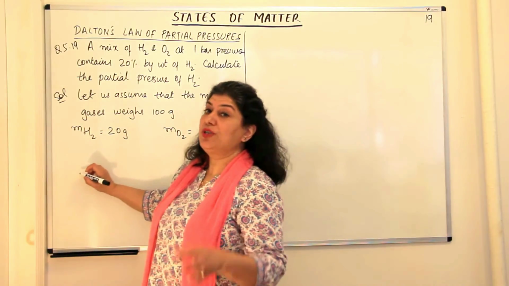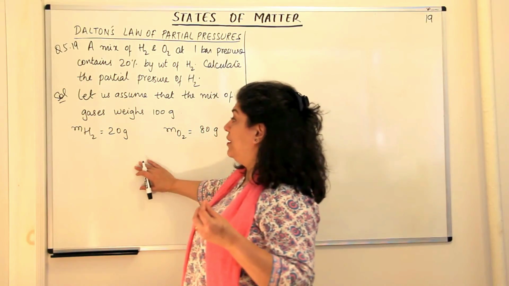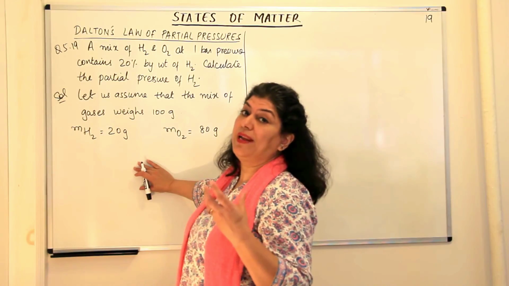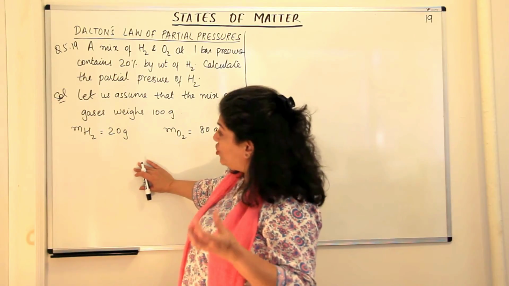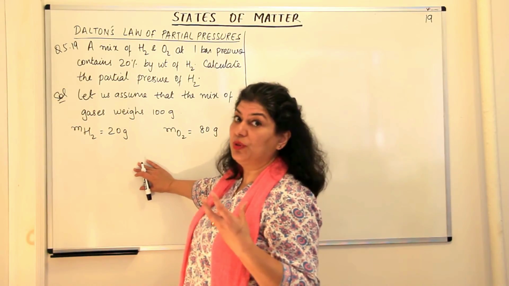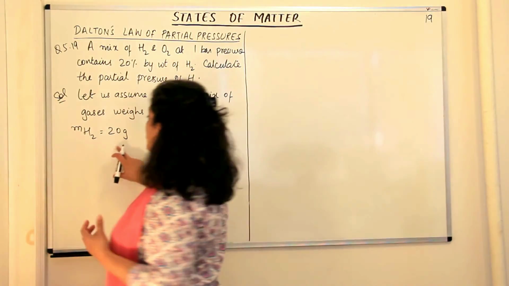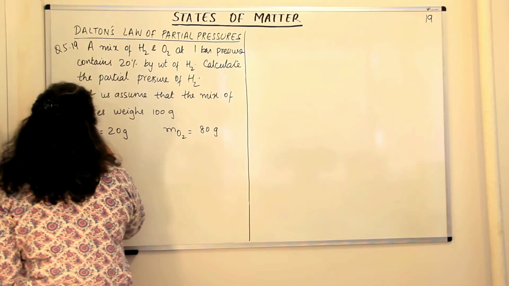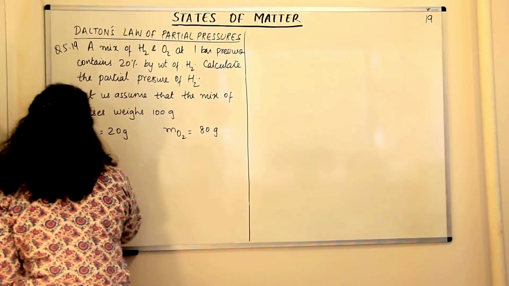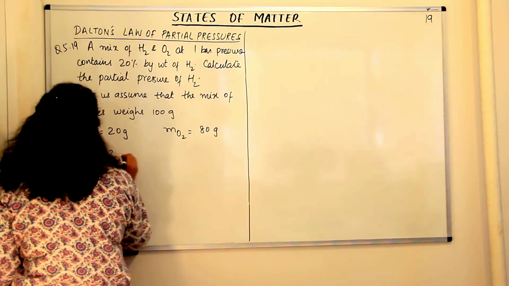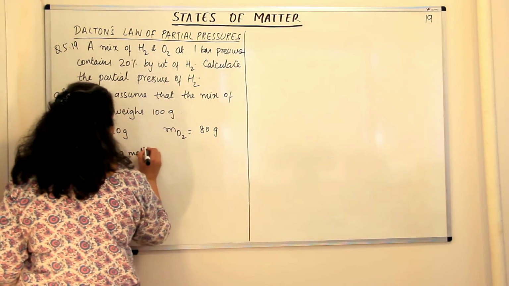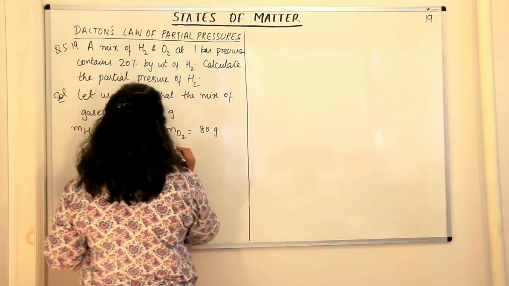Now, in order to calculate the mole fraction, we should know the molar masses. Hydrogen, H2, has a molar mass MH2 equal to 2 grams per mole. And what is the molar mass of oxygen?